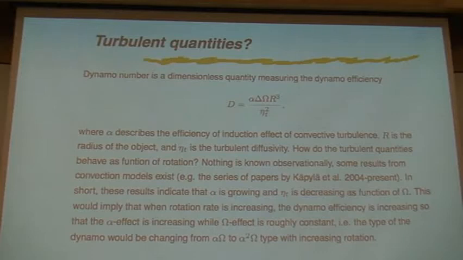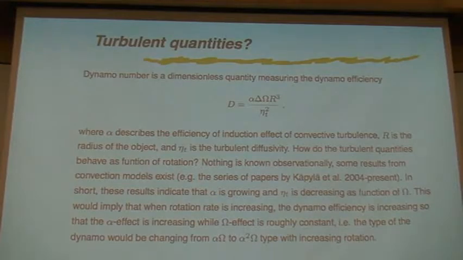We do have some results from convection simulations, and one thing that we find in these numerical simulations is that alpha tends to increase as a function of omega and eta-t tends to decrease as a function of omega. And then the omega effect, as we saw on the last slide, is roughly constant.